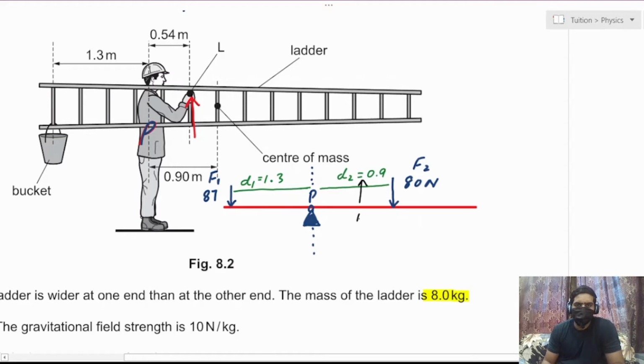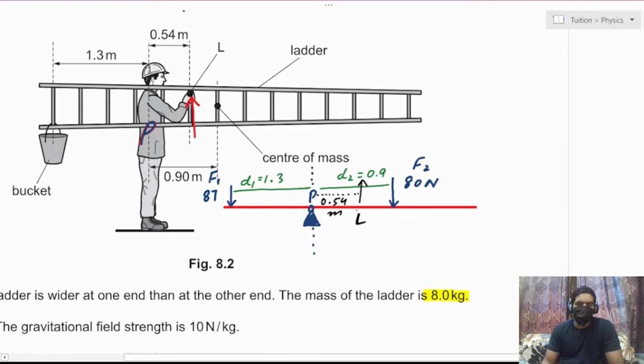Let's call this force L, and this force, the black force, is at a distance of 0.54 meters from the pivot.